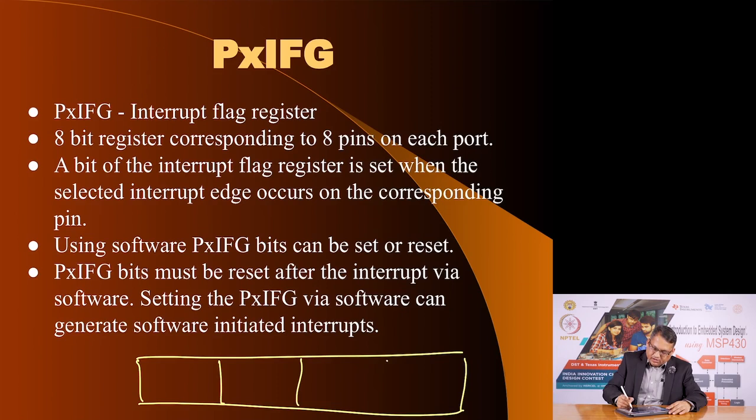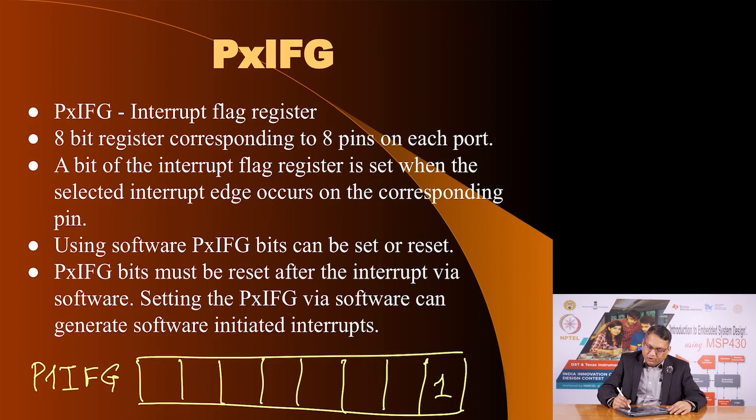So, let me again show it here. If this is P1IFG, if this bit is 1, that means an interrupt on port 1 bit 0 has been recognized, and if the global interrupt enable bit is enabled, this will fly.